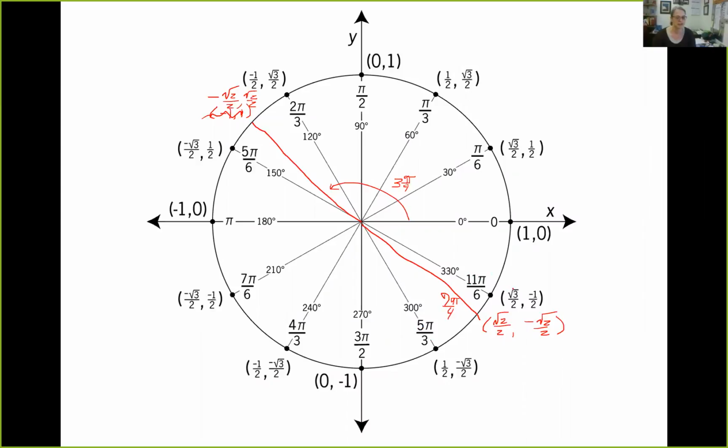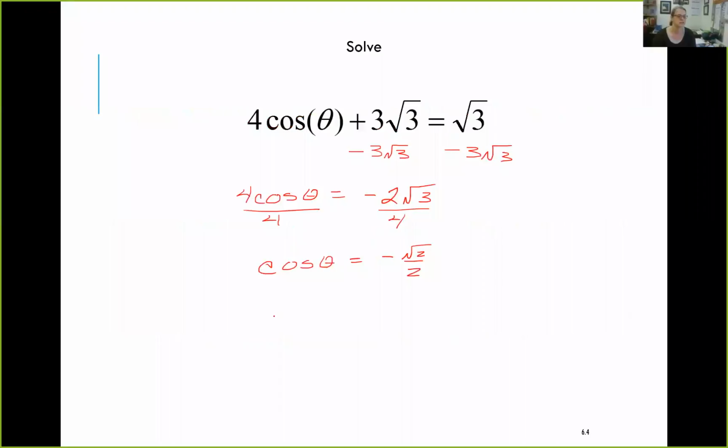So 11 pi over 6 and 7 pi over 6. Memorize that unit circle. I'm actually not kidding. You need to know that unit circle. It's absolutely critical that you know the values that I have asked you to know from that graphic.